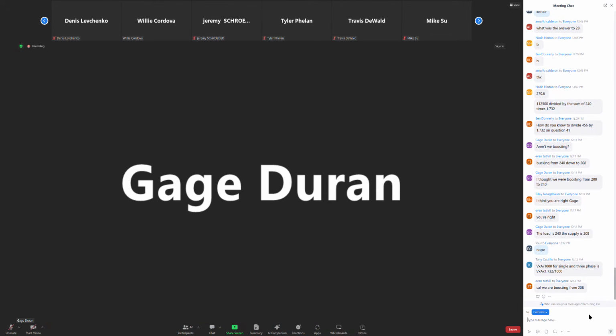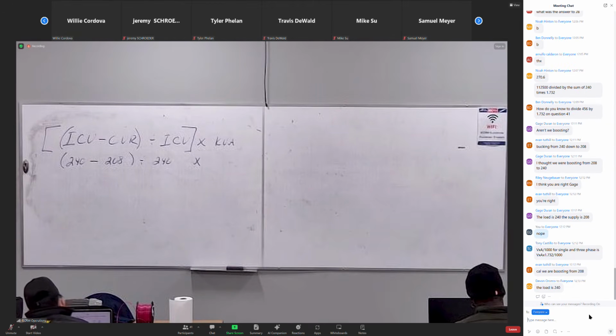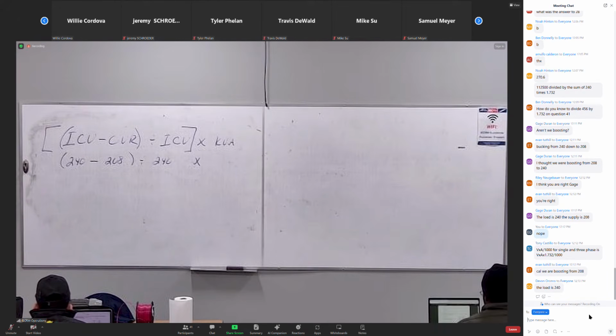Because we need the 208 volts. So when I read this question, we're saying this backwards. This is a boost, not a buck, because we're trying to supply 240 and we only have... We read the question wrong on this one. I should read the questions.